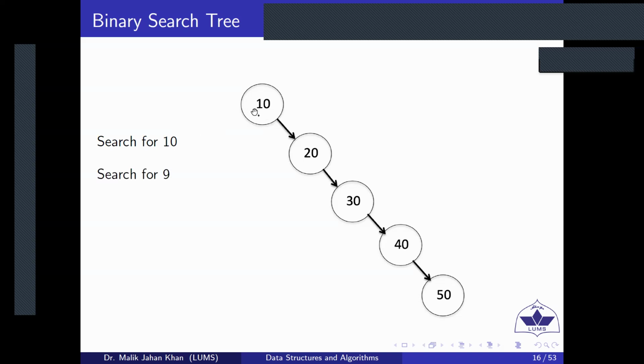If we search for 9, what will happen? We just compare 9 against 10. 9 is smaller, so 9 has to be on the left side of 10 if it exists. As we try to go on the left side of 10, that is null. So 9 cannot exist. We don't need to compare it with the rest of the items inside the tree. Or if we have to search for 1, again, 1 is less than 10, so if it has to be in the tree, it will be on the left side of 10.